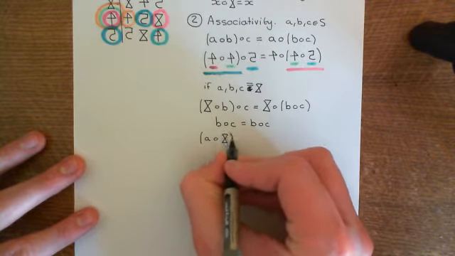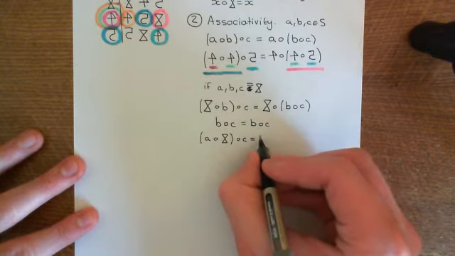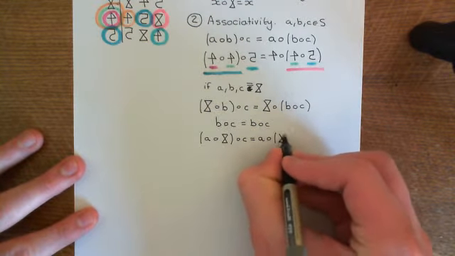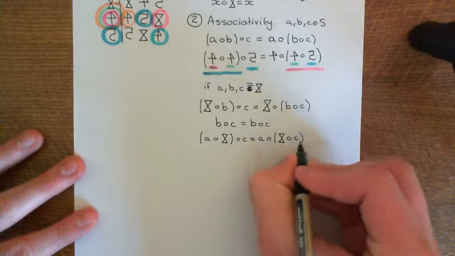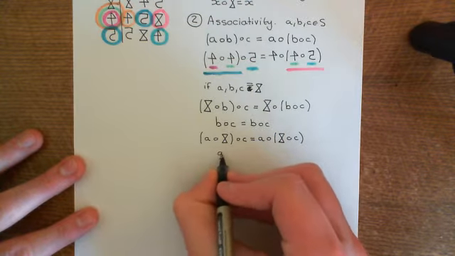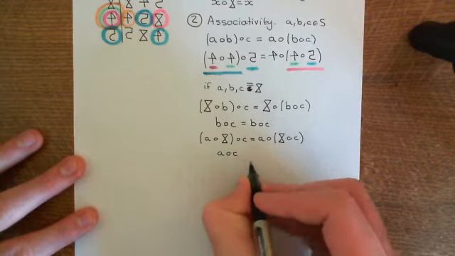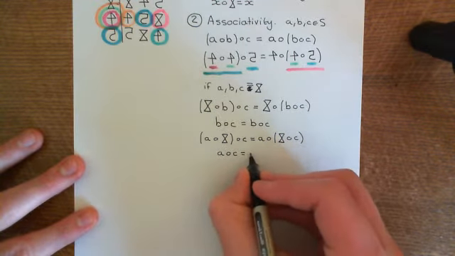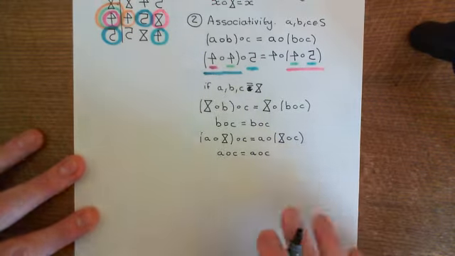So we've got A composed with the identity, and then compose that in brackets with C, and we want it to equal A composed with the identity composed with C. And again, A composed with the identity is just the A, and then we've got A composed with C, and on this side the identity composed with C is just C, so this is A composed with C.